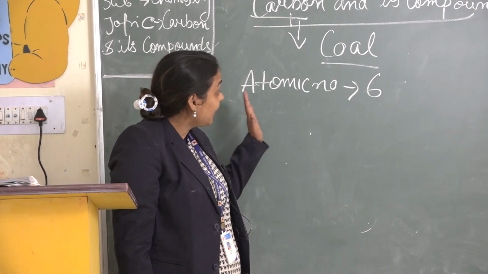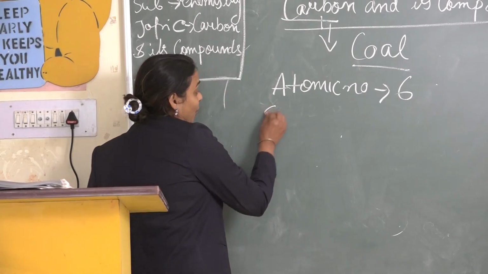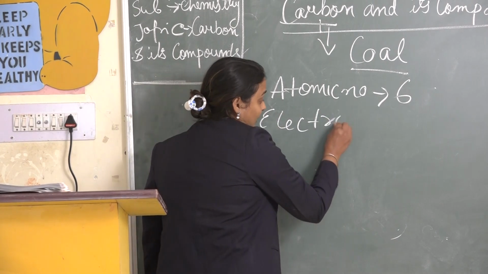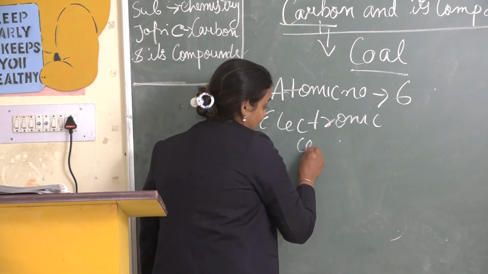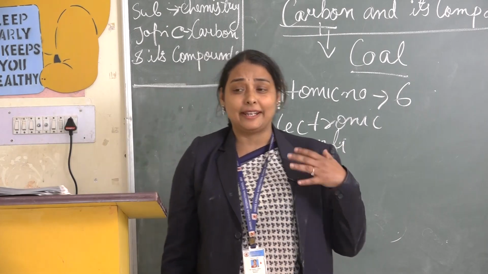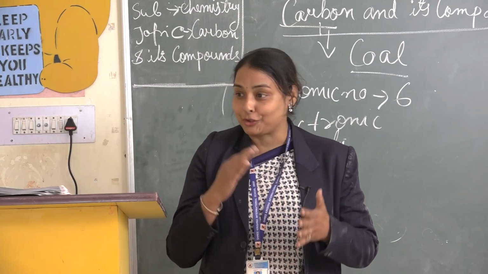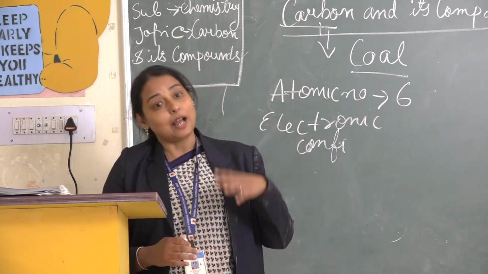Now if we talk about the valency of it, we know that when we do the electronic configuration, listen students, we have done all these things earlier, how we distribute the electrons, in our previous class.